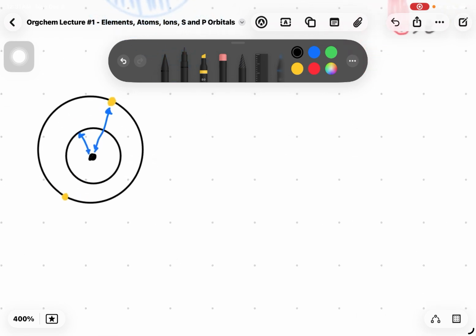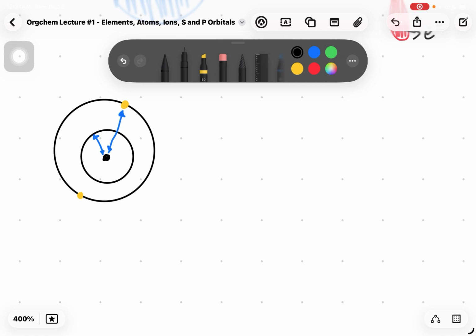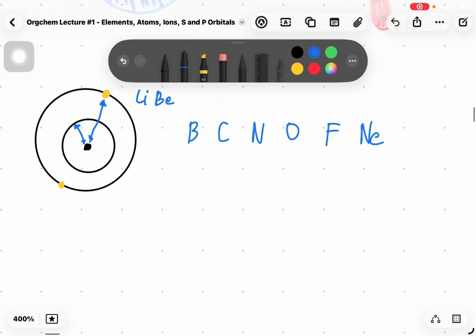So how do we know how many valence electrons an element has? So let's say we have the first row of the p block here. That's boron, carbon, nitrogen, oxygen, fluorine, and neon. Let's also include lithium and beryllium. So lithium, being in the first group, has 1 valence electron.